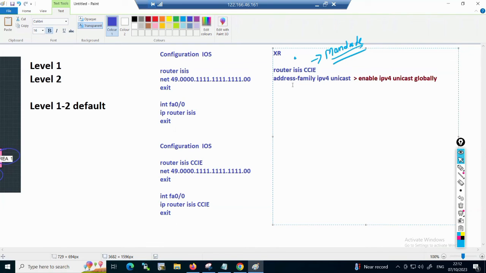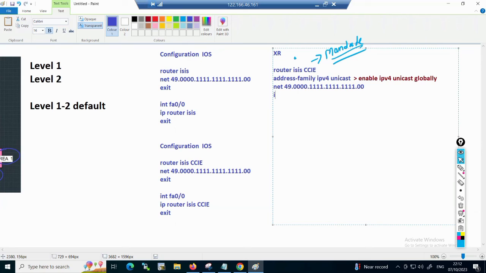Then after that, what happened? I need to tell this guy, hey, let's define a net address. 49, same 0000, area ID, system ID, and the N selector. And then once we have done this thing, leave the part of level 1 and level 2 right now. The default is level 1 and level 2, leave that apart.